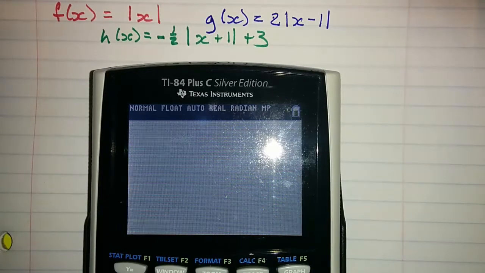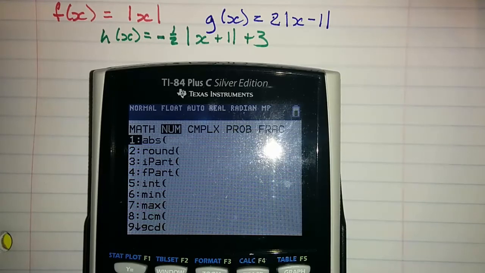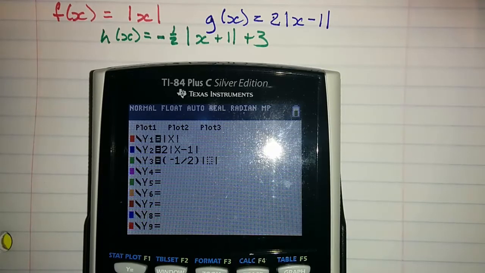And now again, select abs, negative 1/2, x plus 1, and then outside the absolute value, plus 3. If your calculator is typing the letters ABS and some parentheses, make sure that the plus 3 is outside of the parentheses. All right, let's get the graph.